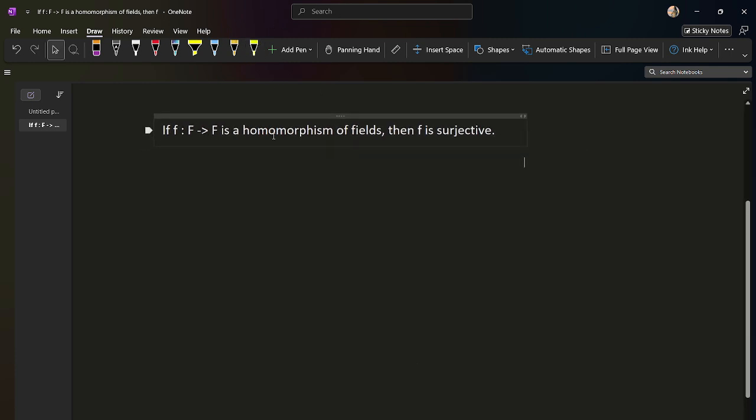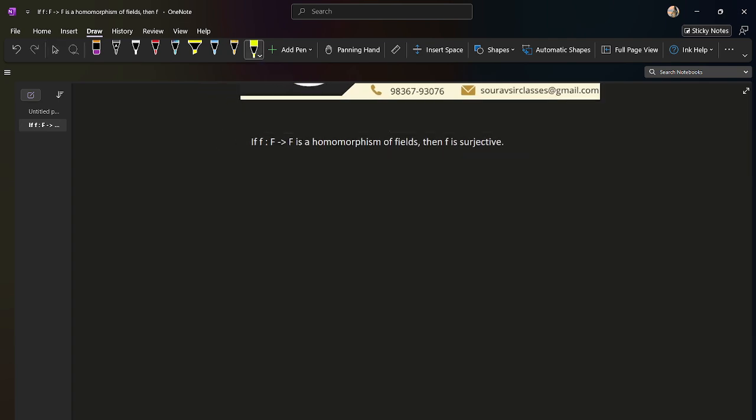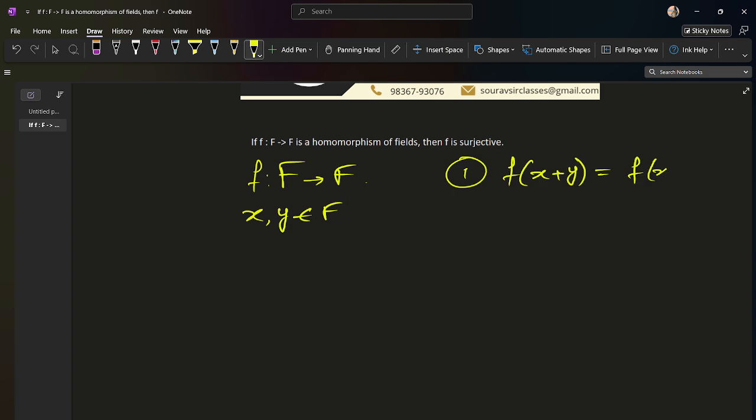We can do one thing: recall what a field homomorphism is. We know that f from F to F is a field homomorphism when three things occur, for x, y belonging to F. First, f(x + y) = f(x) + f(y).